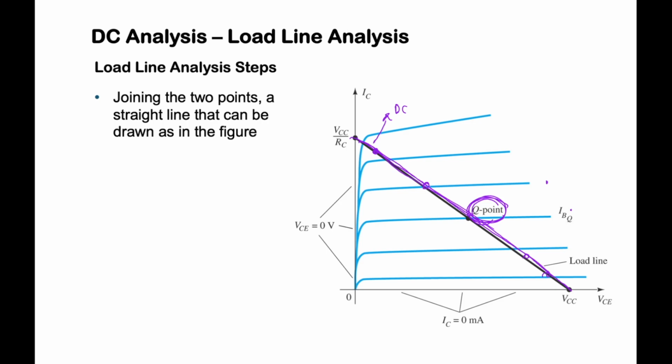So you can see your Q point has a possibility to have a different location. It can change. Why can it change? Because it depends on the value of VCC over RC, which depends on the RC value. It can also depend on the VCC value, and it can depend on these two values.